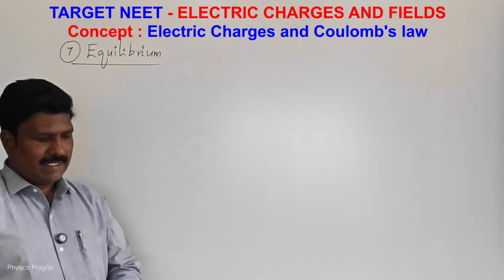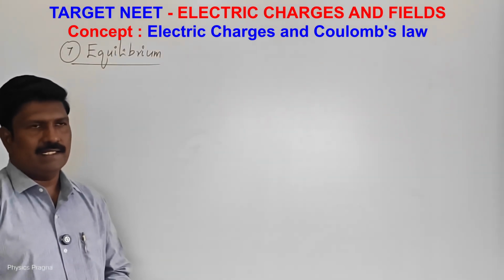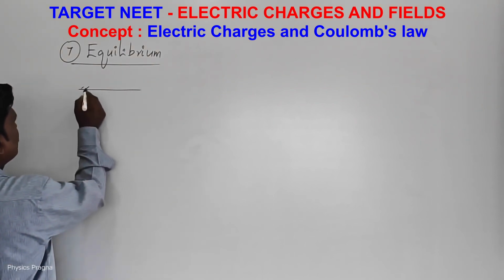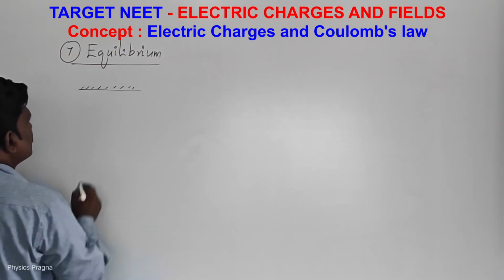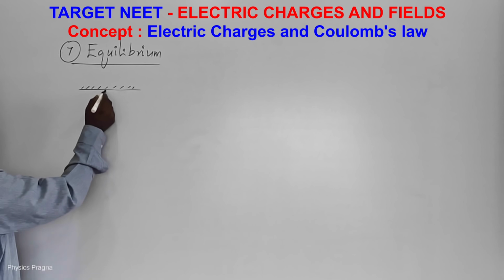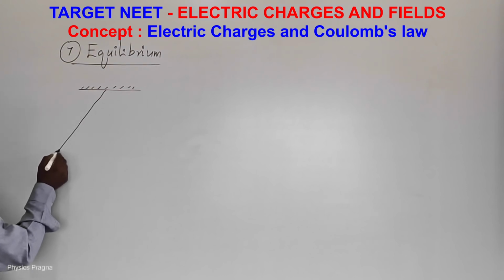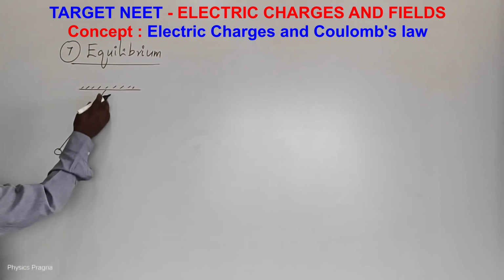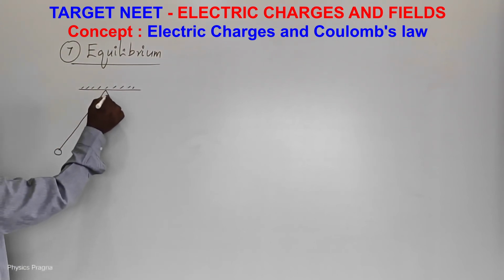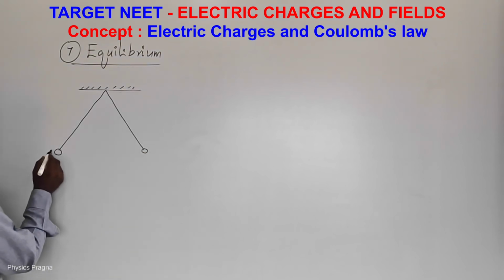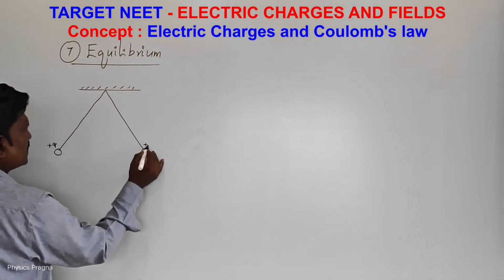So another kind of equilibrium state we'll discuss. See, this is a rigid support. Two bobs, two pith balls are suspended with non-conducting string, and both balls are given some charge plus q, here also plus q.